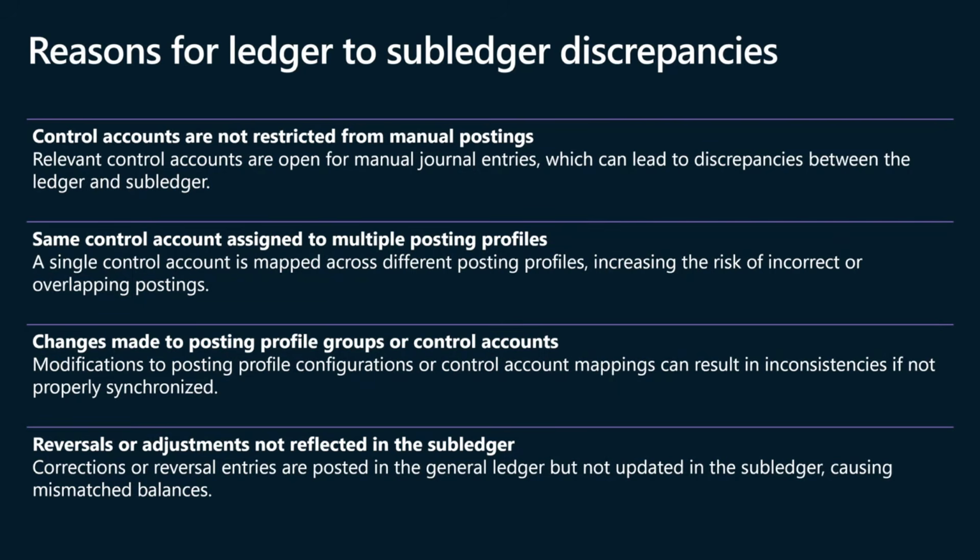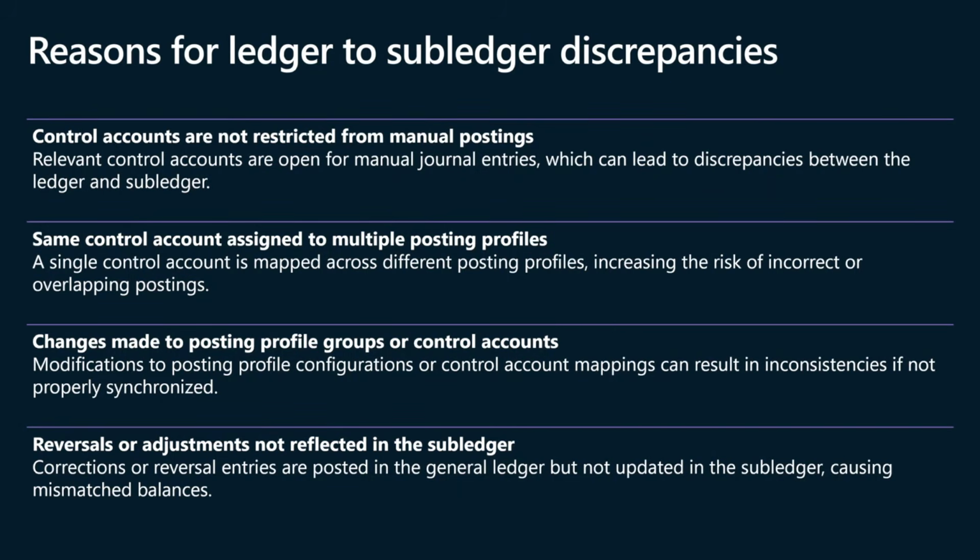The other reason is changes made to the posting profile groups or control accounts, where for the vendor posting profile or customer posting profile, changes are made after a certain posting has been done in the sub-ledger and not moved to the general ledger, which can result in inconsistencies if not properly synchronized.